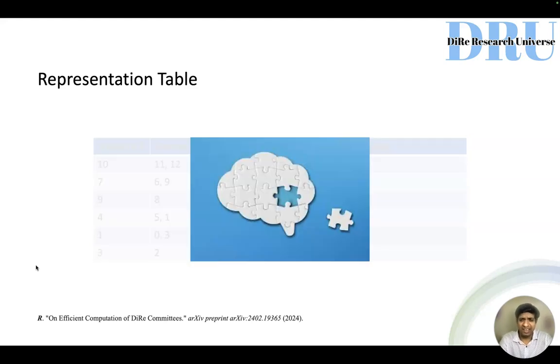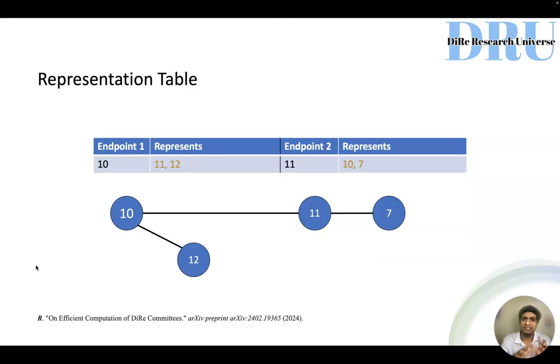And just to recollect your memory on what a representation table is, consider this subgraph of a larger graph that we are probably working with. And the algorithm that we are proposing, during the maximal matching phase of the algorithm, let us assume that it picks the edge that connects vertices 10 and 11.